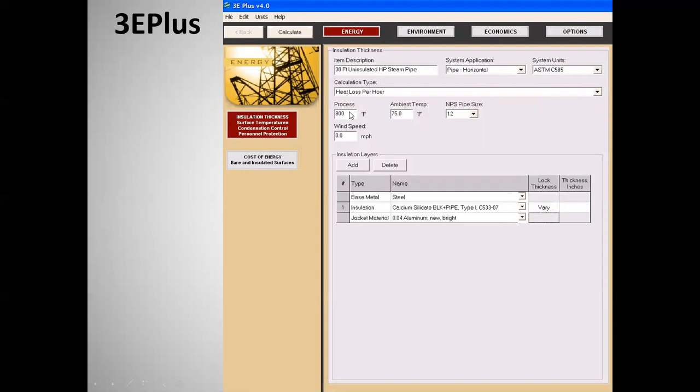The process temperature, so this would be the temperature inside the pipe, the steam temperature, is 900, ambient is 75, and then the pipe size. You can also put in a wind speed, and it will go from a natural convective situation to a forced convective situation, which will drive up the heat losses significantly.